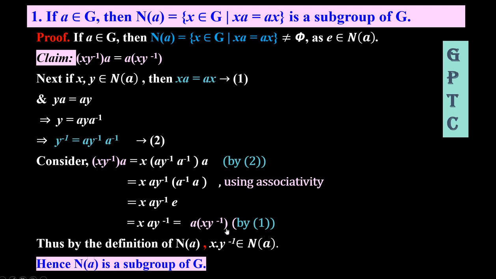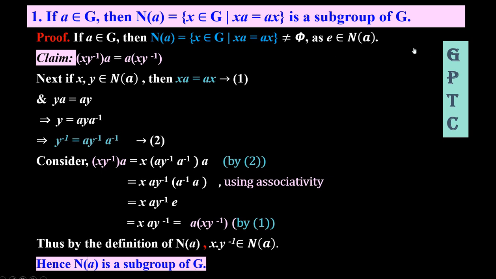Again associativity can be used to get this step. So this is XY inverse A, and this is AXY inverse. So as XY inverse commutes with A, it has to be a member of N of A. So we have N of A to be a subgroup of G.